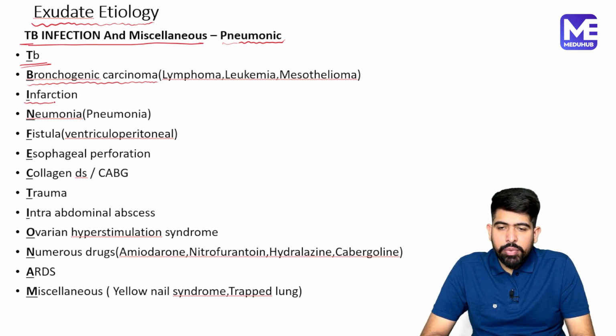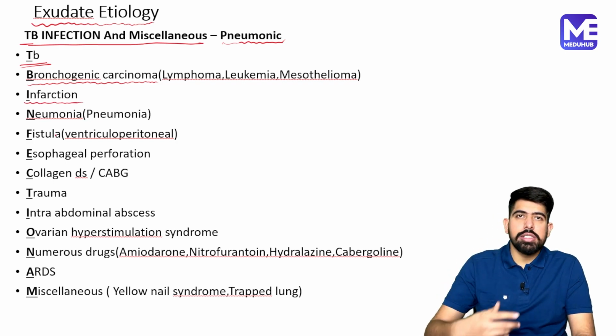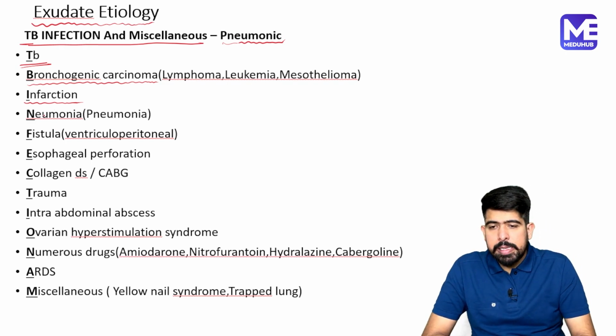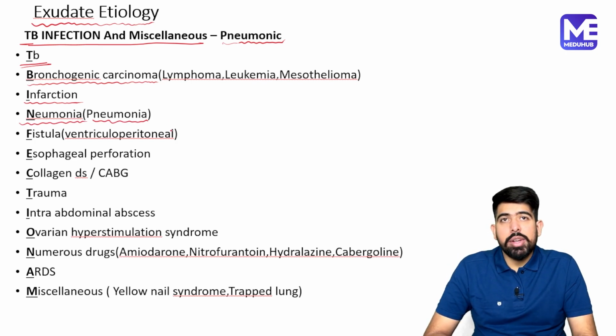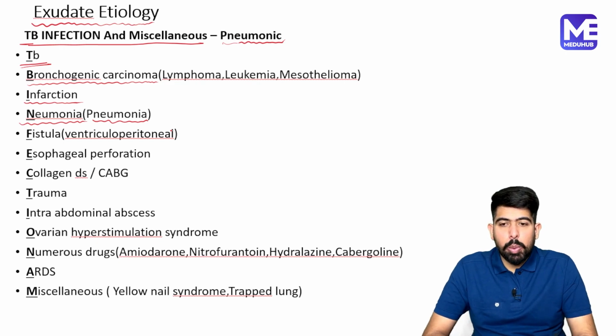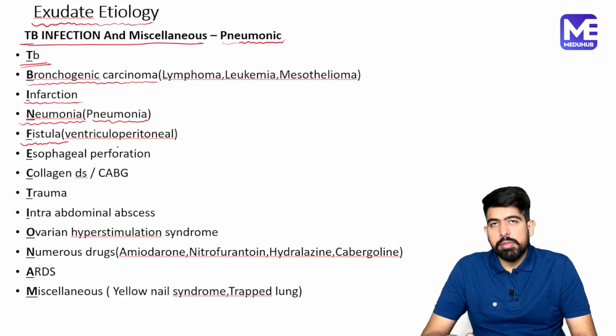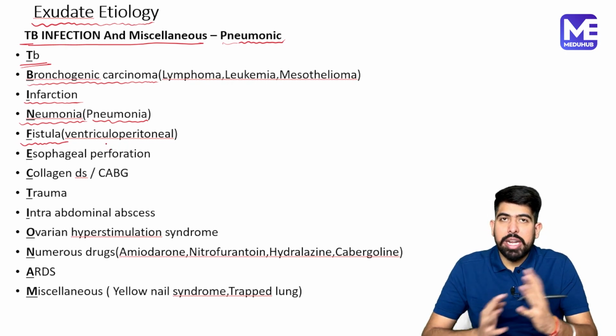I stands for infections, maybe bacterial, fungal, parasitic, or viral infection can cause it. Then P stands for pneumonia, right? Pneumonic infection can also cause pleural effusion. Next, F stands for fistula.